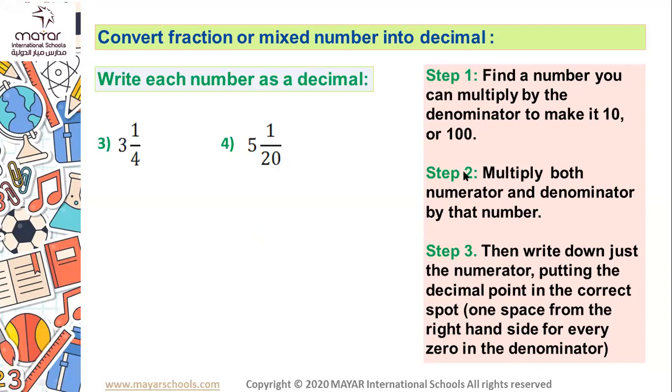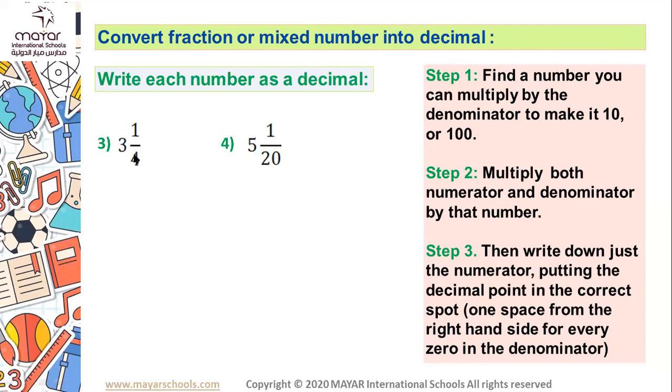Abdullah, can you tell me? The third one, number 3. I should change the denominator to 10, 100, or 1,000. So I should multiply by what? Now you're gonna ask yourself, can you see the denominator, Abdullah?